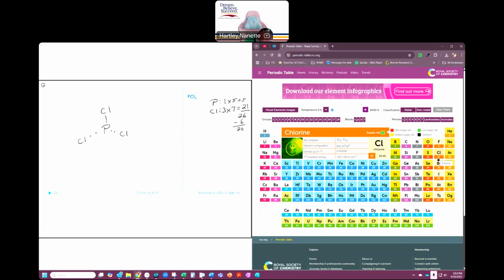So let's look at where those are going to go. Now I've got 2, 4, 6 that are taken up with those 3 bonds. And then I need to fill the octets for the atoms around the center. So I've got 3 on the outside. They currently have 2 electrons associated with them, shared by the bonds with the phosphorus.